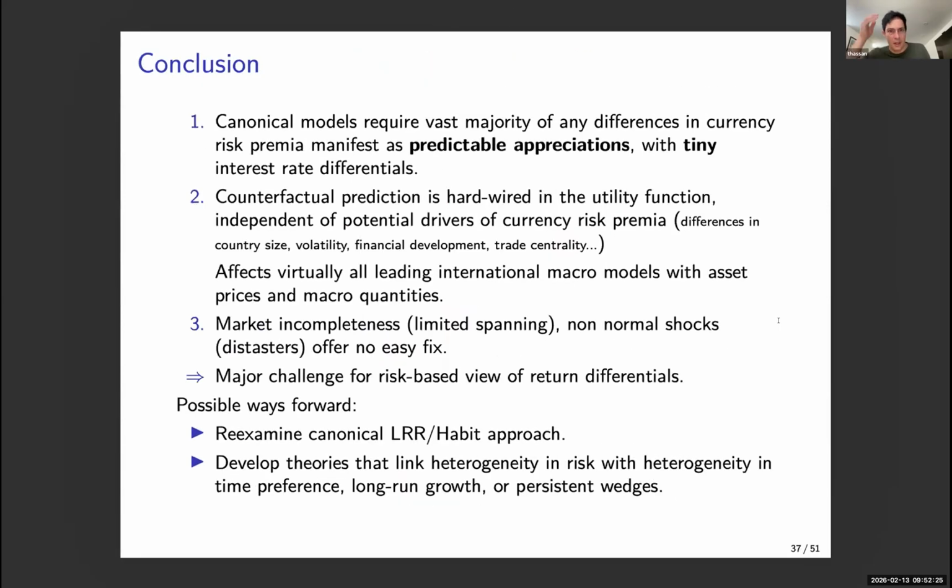Let me wrap up. I don't mean to frustrate people here. By no means am I saying that the currency premium puzzle is unresolvable. What I am saying is we've tried for 7 years to write a quantitative model that does what we want, and we figured out that there's a logical problem.